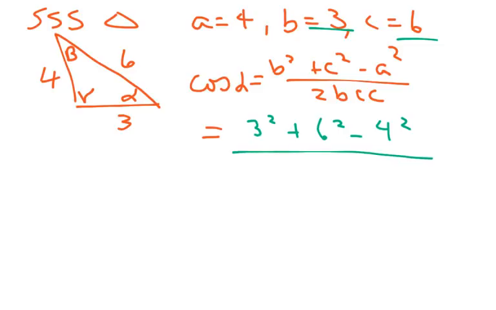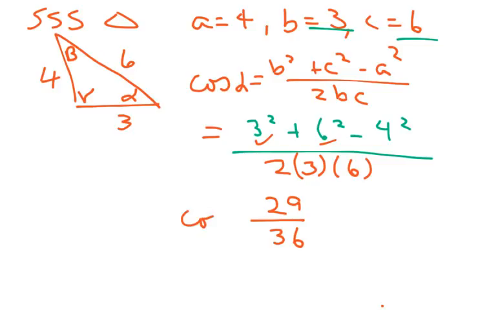It should be 2bc, so 2 times these first two numbers, 3 times 6. And we get 29 over 36.